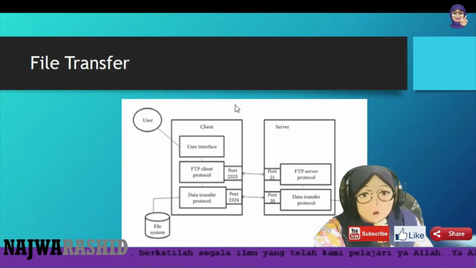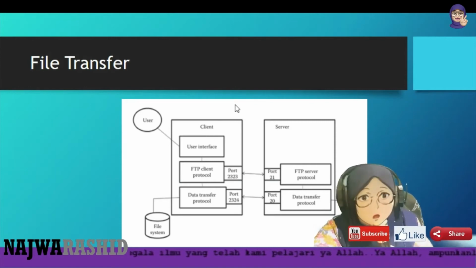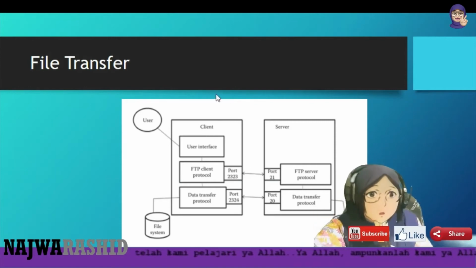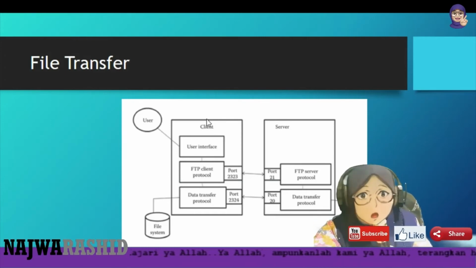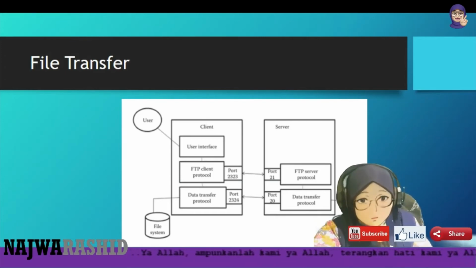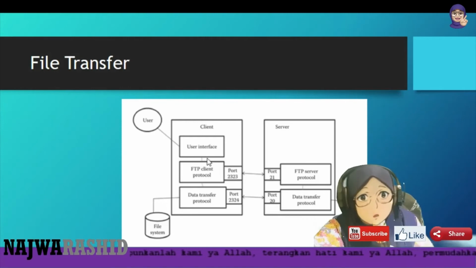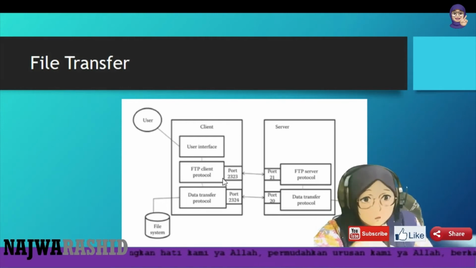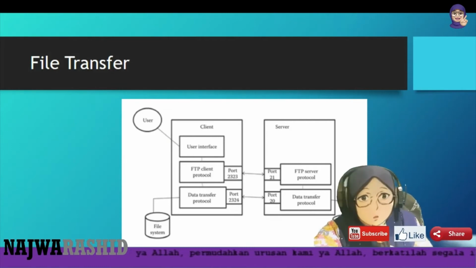We have the client and server, and then we have the user. The user will go through the interface part in order to do file transfers, and then it will use the FTP client protocol, and then it will identify the port number or port address.